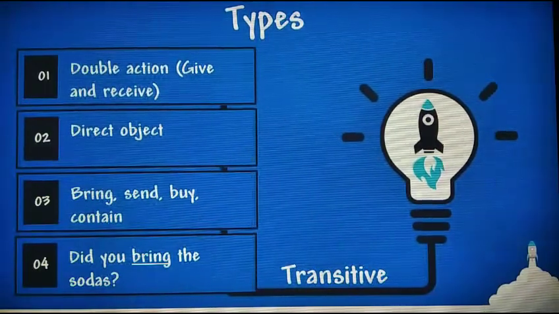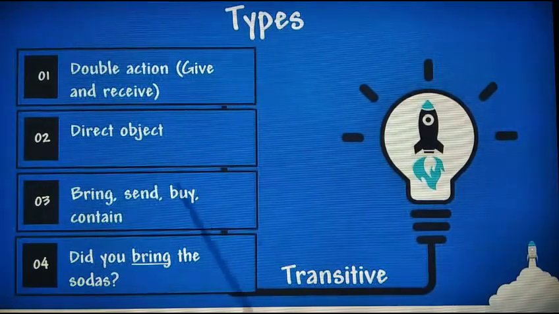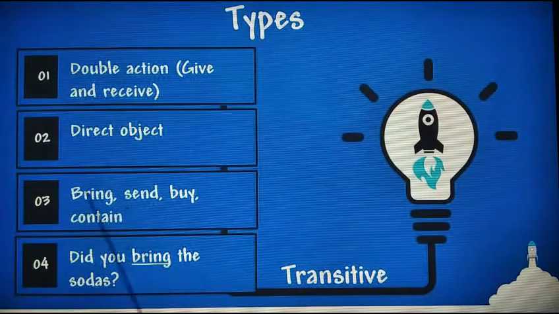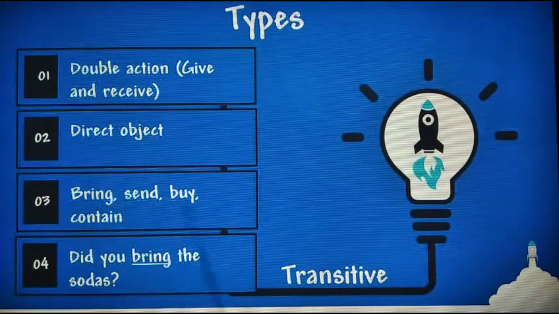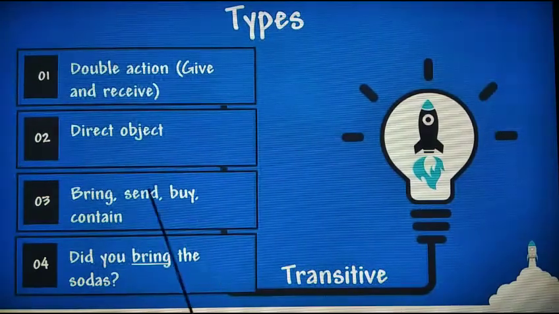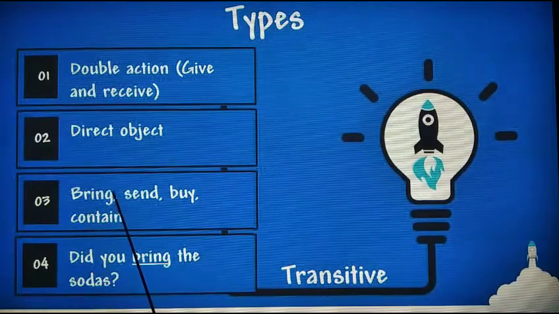Otherwise, they can't be complete. The meaning is not complete. For example, bring, send, buy, and contain. These are all verbs that need to be accompanied by another object that receives the action.